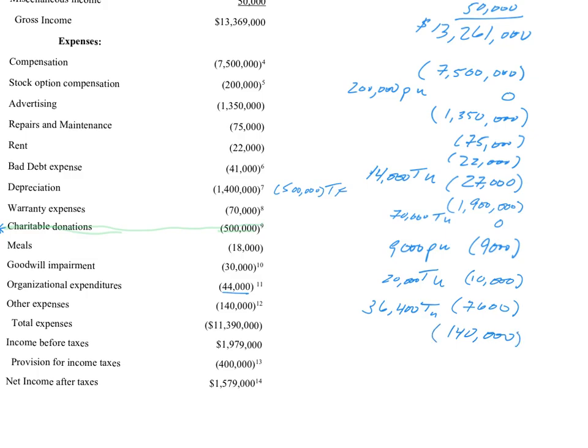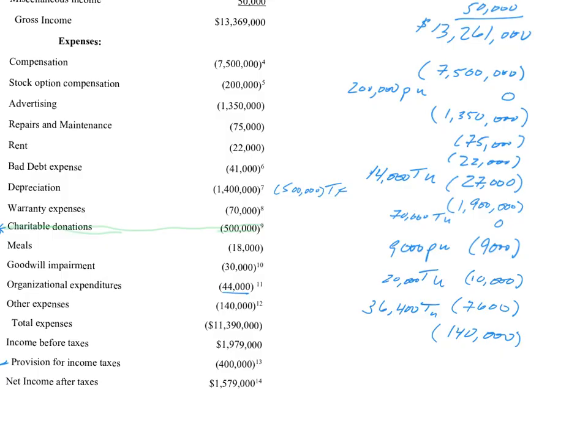All right. And now the last item that I want to deal with before we talk about charitable donations and the dividends received deduction is this provision for income taxes. And there's a note associated. So what do we know about federal income taxes? They are not deductible for tax purposes, right?